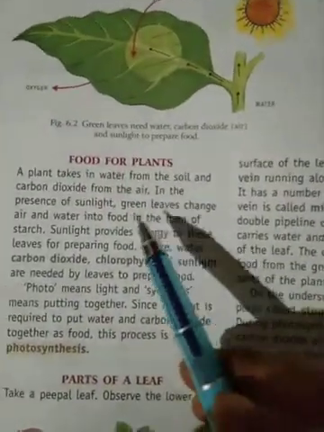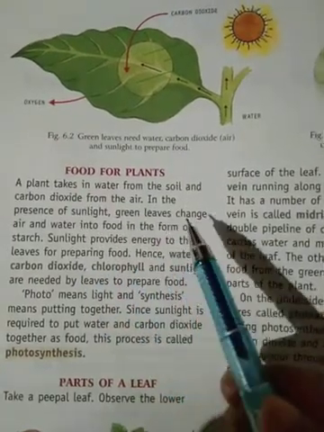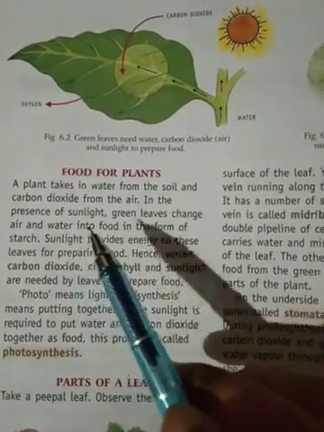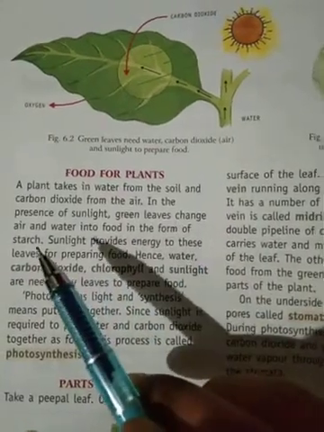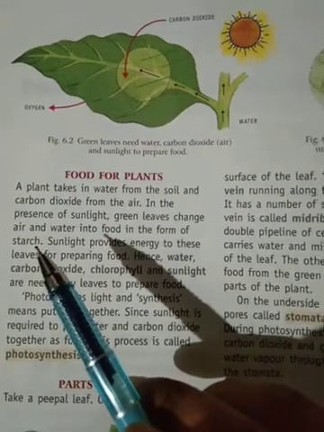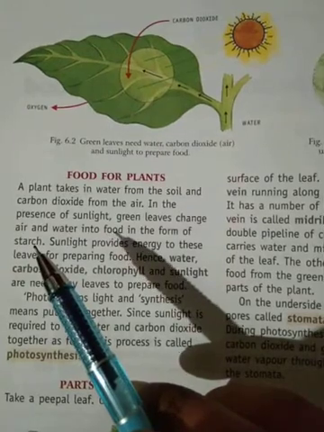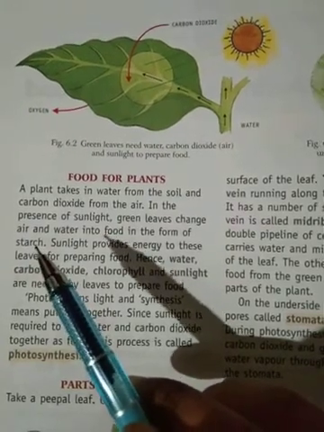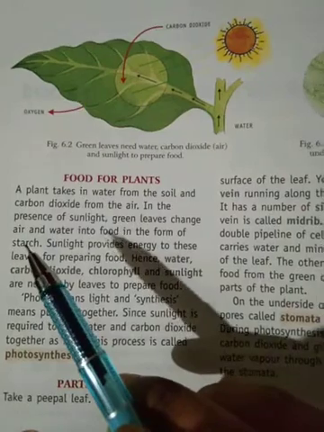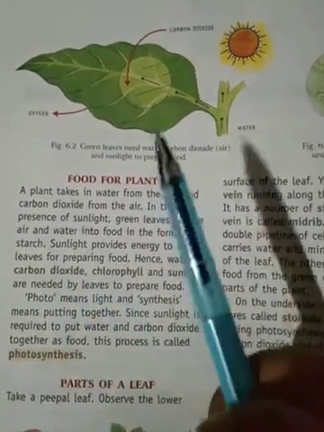Actually, I have to come up to here. Here it was written like this, no? That in the presence of sunlight, green leaves change air and water into food in the form of starch. But this is not exactly true. I should have told you that this is not the exact form of the very first stage of food prepared in the leaf.